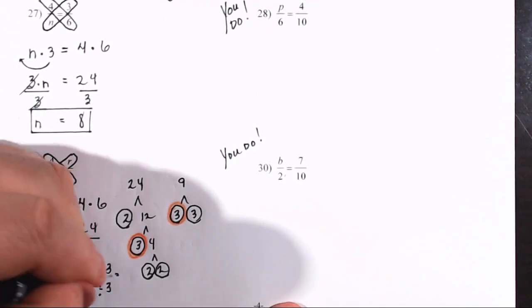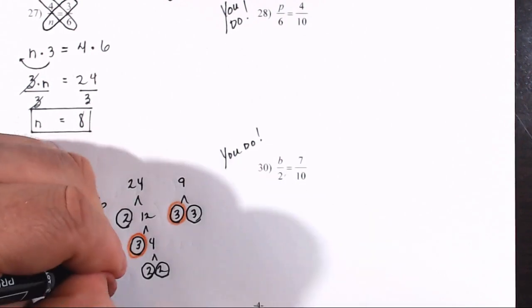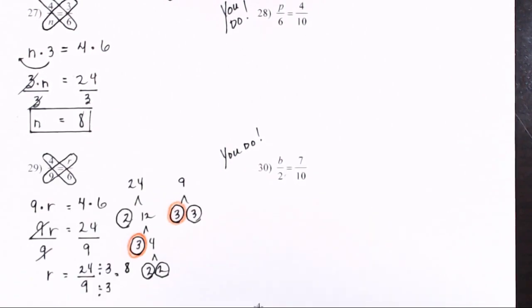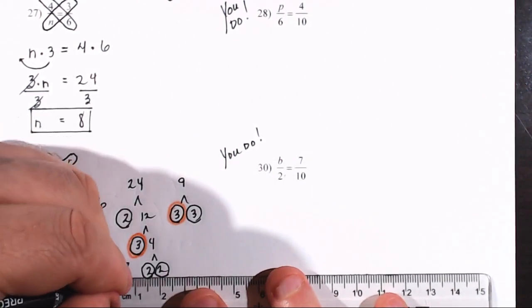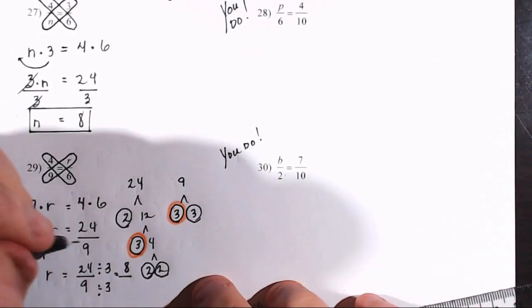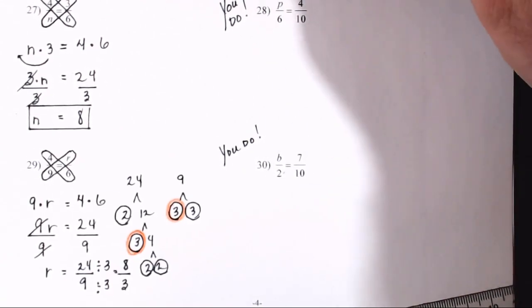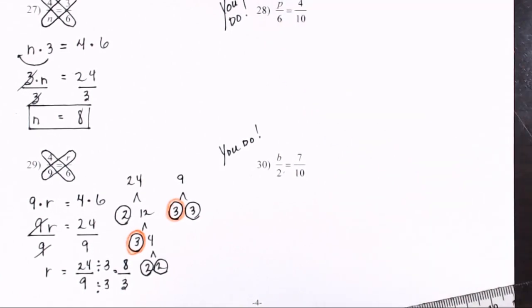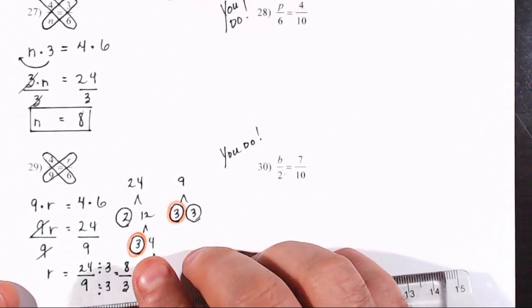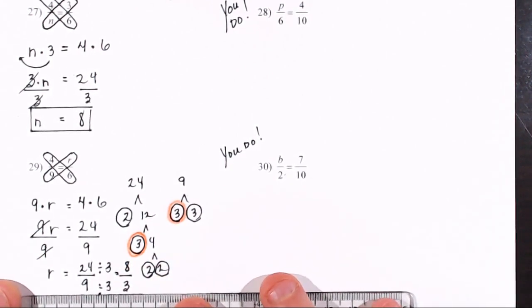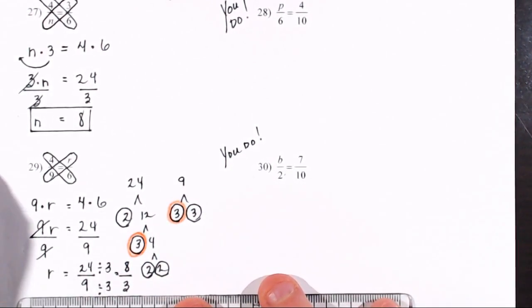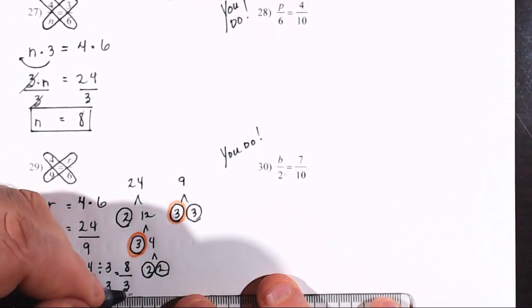In the numerator, I get 24 divided by 3 equals 8. And in the denominator, I get 9 divided by 3 equals 3. So 8/3 is the reduced form of the fraction that we get when we solve the proportion 4/9 equals r over 6. R is 8/3.